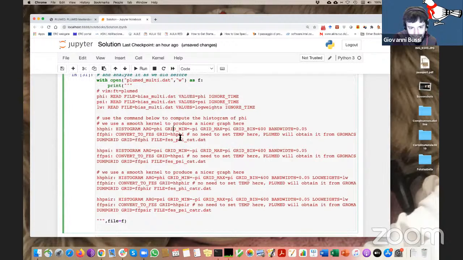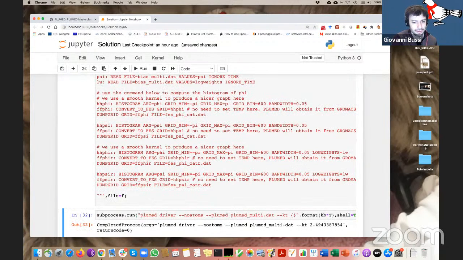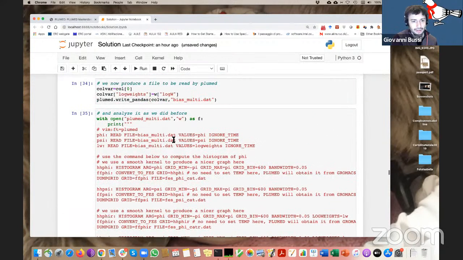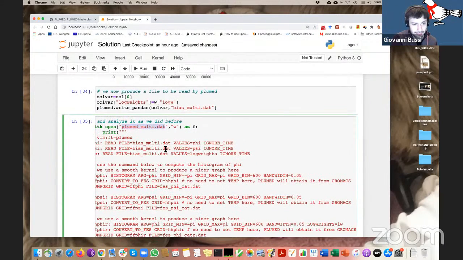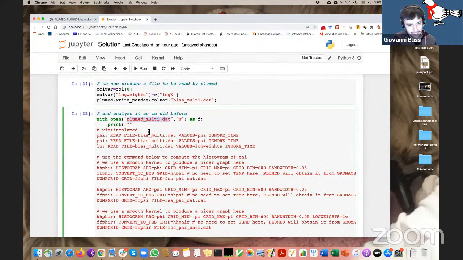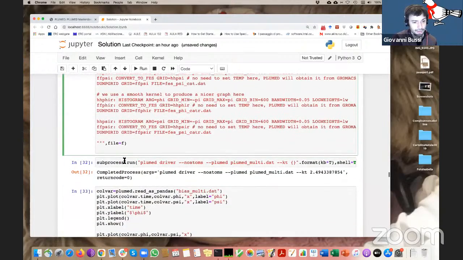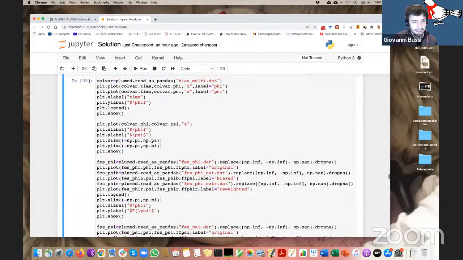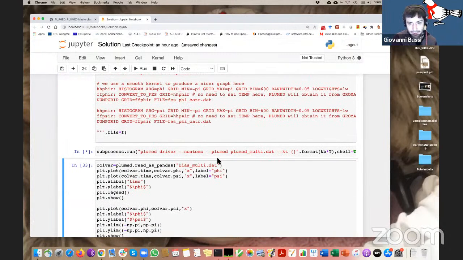But aside from that, it's basically the same. I had to play a bit with the names of the files so as to save them and not override the previous ones. Now this file will be used to read the logarithm of the weights, and also read the values of phi and psi, and compute free energy landscapes using our usual kernel density.